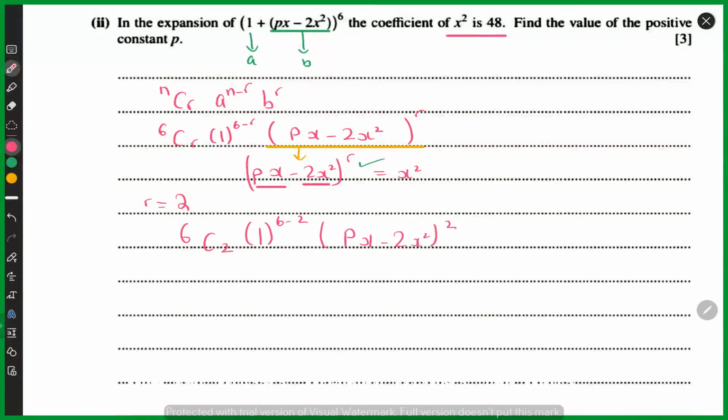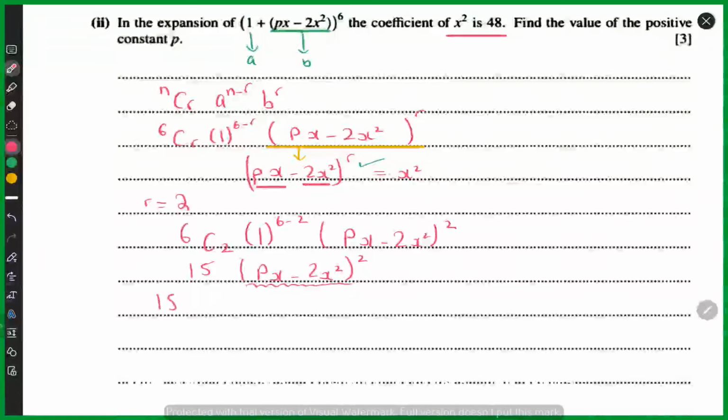Okay, so 6C2 is going to give you 15. And then this part is (px minus 2x squared) whole squared. Now let's try playing with this and see if we are able to do something out of it or not.